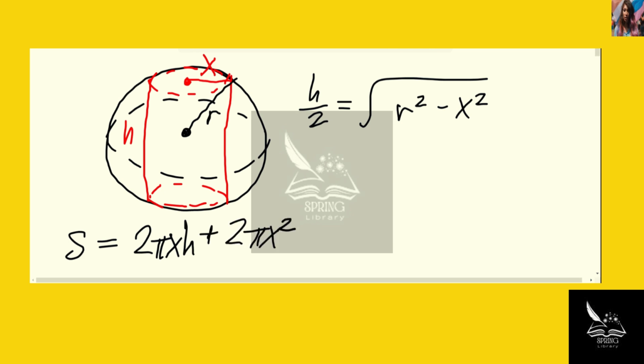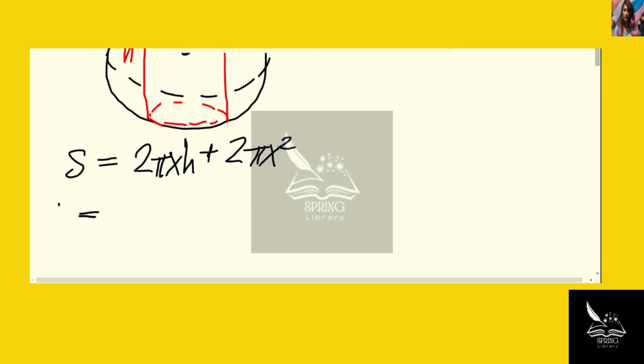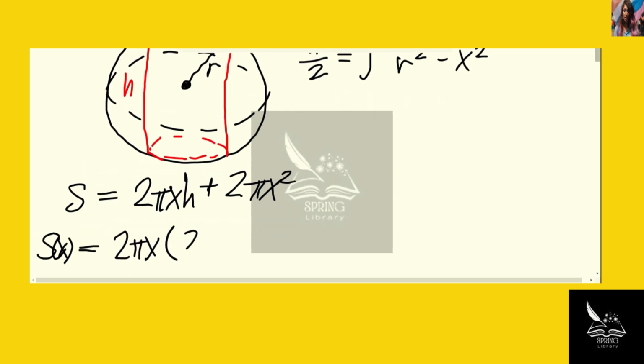We can write this as a function of x by substituting for h. S of x is 2 pi x times 2 times the square root of r squared minus x squared, plus 2 pi x squared.